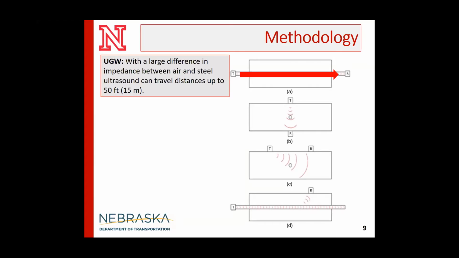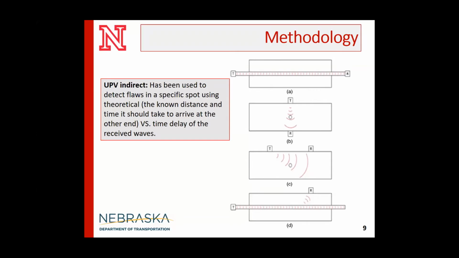in past work. The second way you can use it is ultrasonic pulse velocity indirect measurements. You can see in the picture that your transmitter is on one face of the material and the receiver is on the other face. So if this is a concrete bridge, one is on the top of the bridge and one is on the bottom.